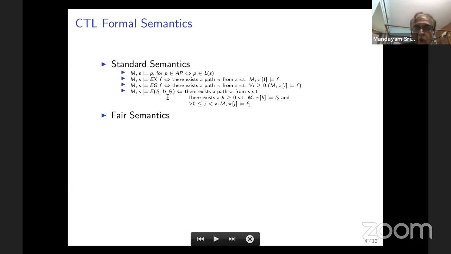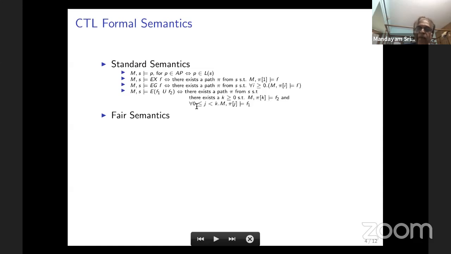And E[F1 U F2] is true if and only if there exists a path pi originating from the state S, such that there exists a future state K greater than or equal to 0 at some point, at which the second argument F2 is true in that state.